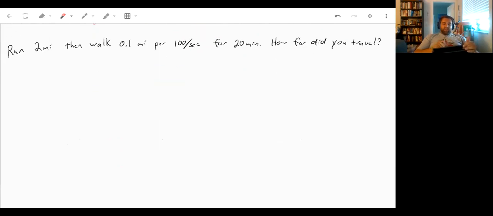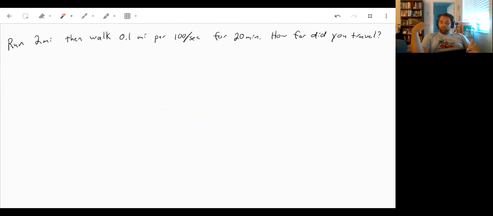Our last question is saying that you are running, and you run for 2 miles, and then you slow down and you walk at a rate of 0.1 miles per every 100 seconds. And you do that for 20 minutes. Well, let's just convert this into an equation first.